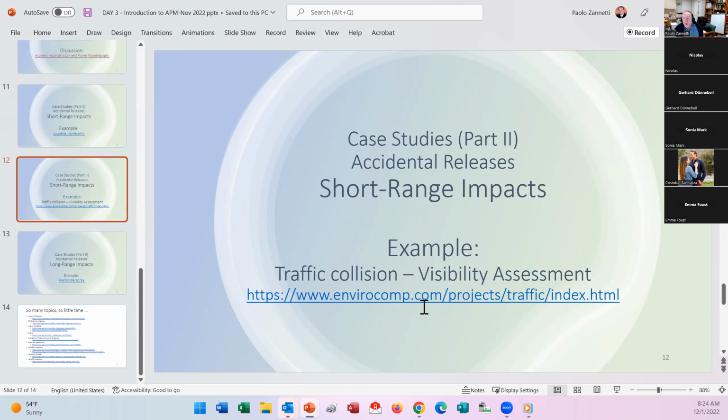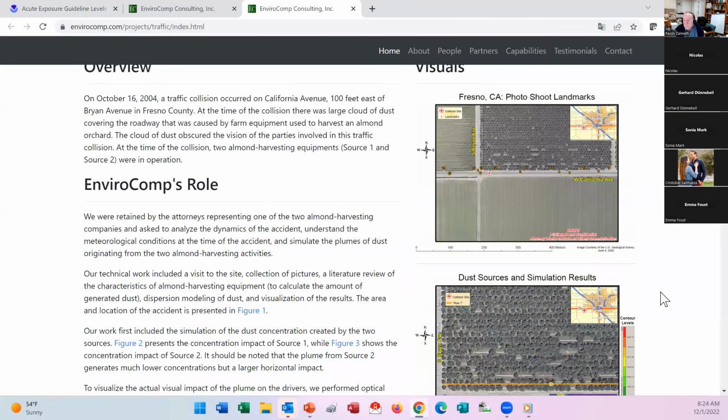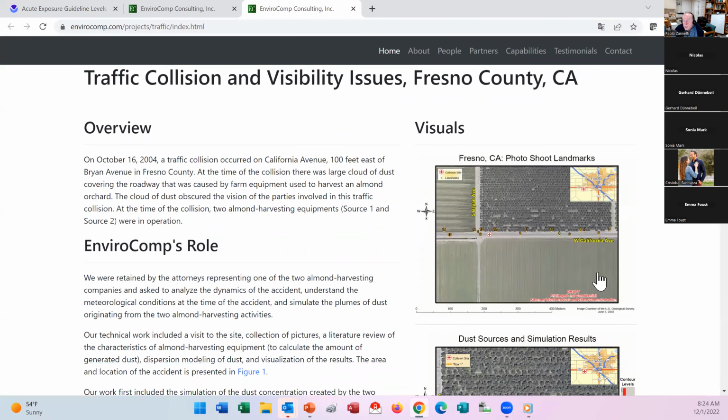This was a case of a traffic collision. There were cars driving on this road, from right to left, and there was a big collision here.